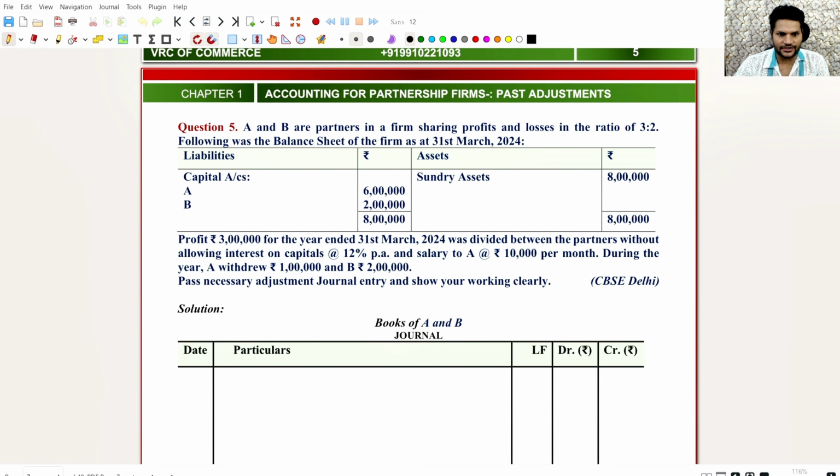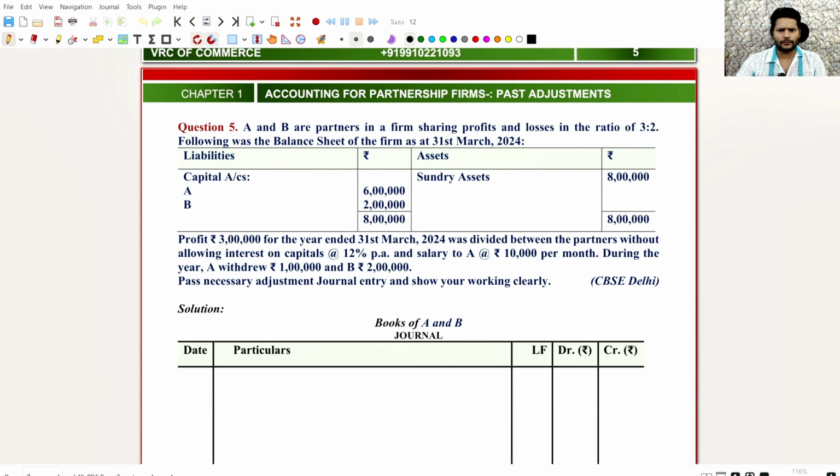So there's an adjustment that says profit of rupees 3 lakh for the year ended 31st March 2024 was divided between the partners without allowing interest on capital at the rate of 12% per annum and salary to A at the rate of 10,000 rupees per month, right? During the year, A withdrew 1 lakh and B withdrew 2 lakh rupees. Now pass necessary adjustment journal entry and show your working clearly.